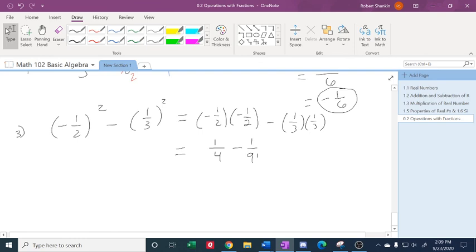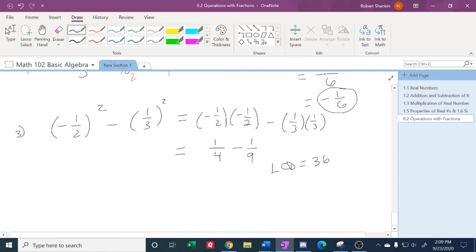And then I need to get my least common denominator. LCD between 4 and 9. Now, in this case, I know it's going to be 4 times 9, which is 36. I don't even have to do the multiples of 9, 18, 27, something like that.